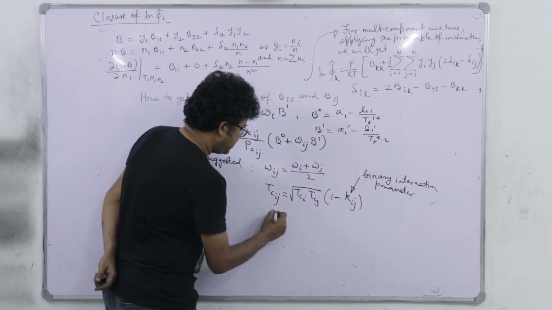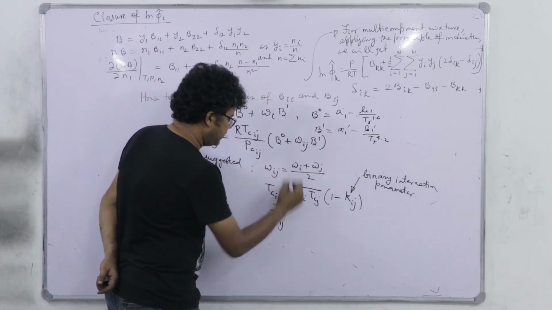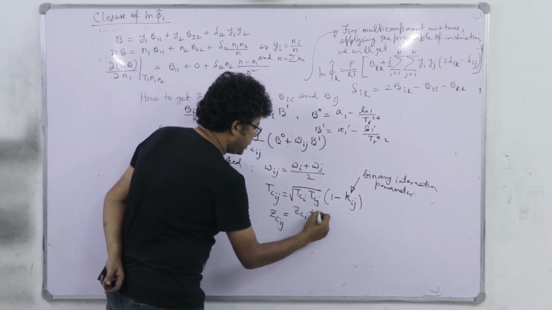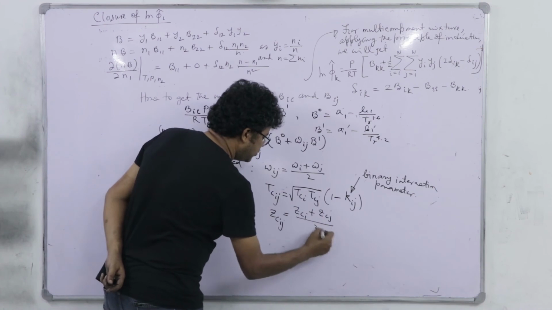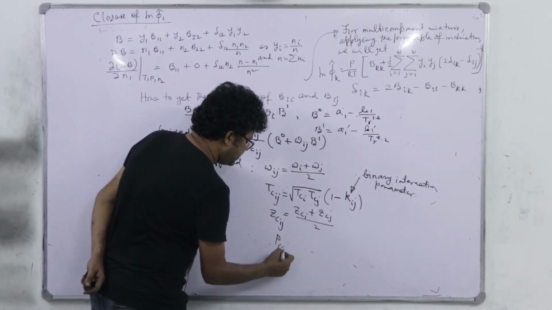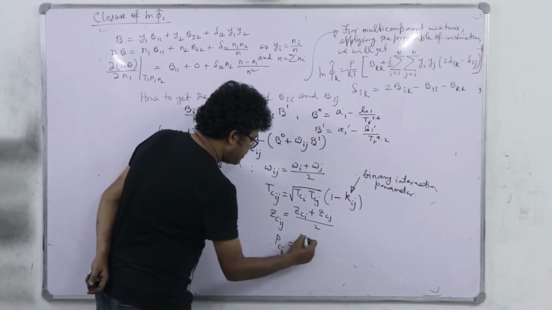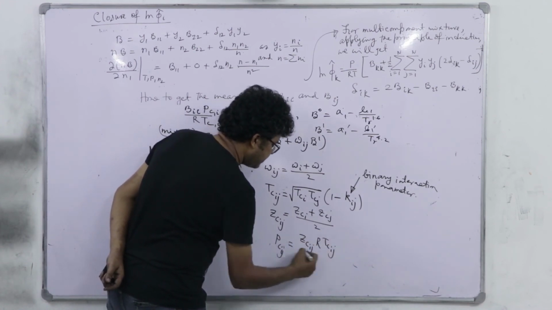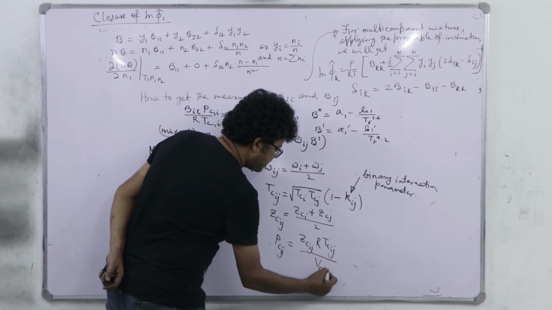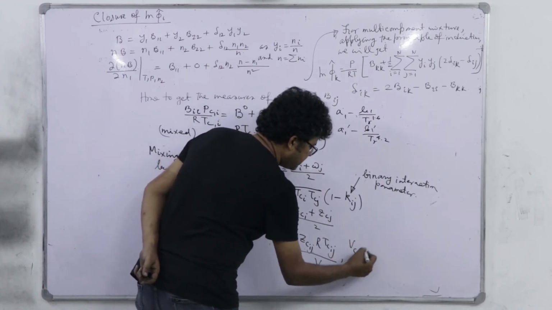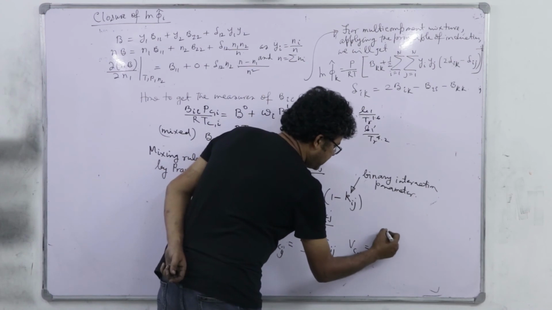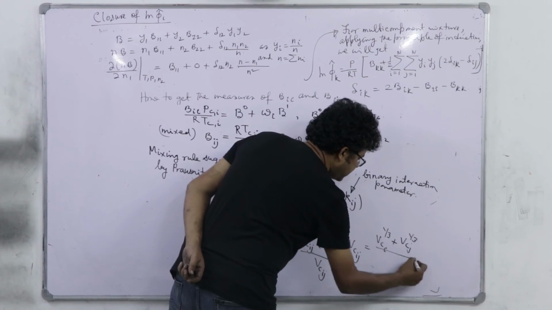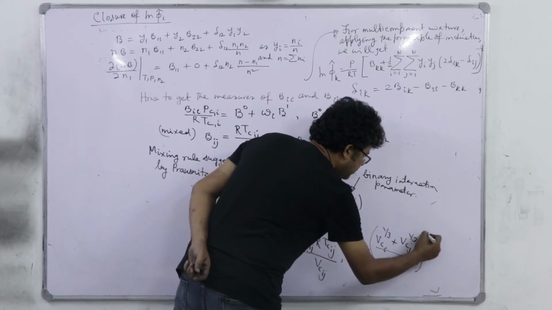And ZCij, though it is not used, but in order to calculate this PCij we have to use it, is ZCi plus ZCj by 2, and PCij is ZCij R TCij by VCij, and VCij equal to VCi to the power 1/3 plus VCj to the power 1/3, half whole cube.